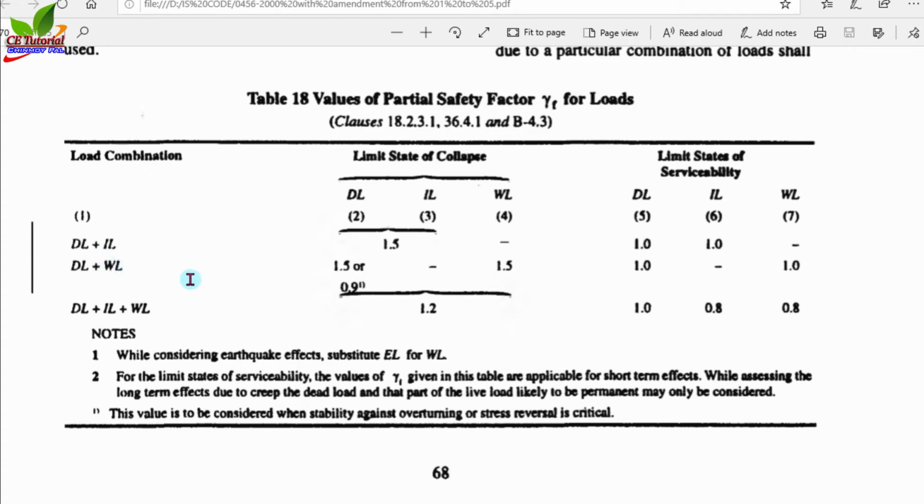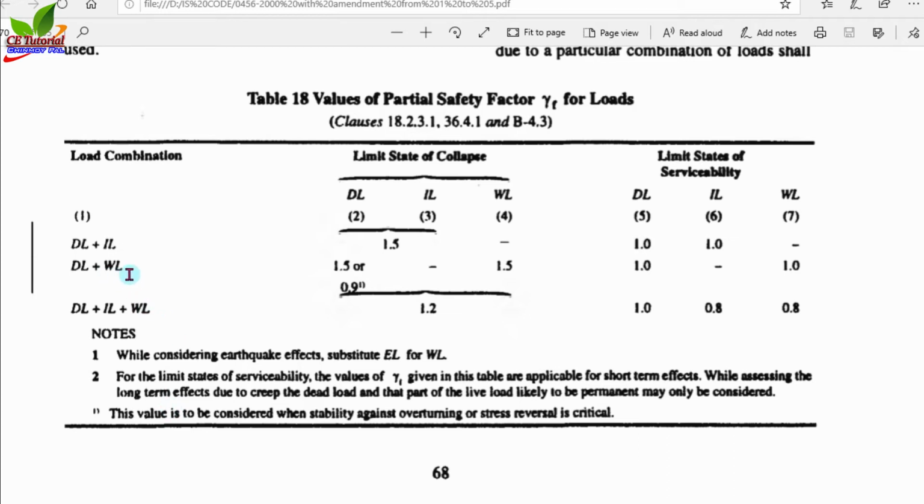That means earthquake load and wind load cannot act simultaneously. We do not assume this. We assume that wind load and earthquake load do not act simultaneously. Either wind load will act, otherwise earthquake load will act.